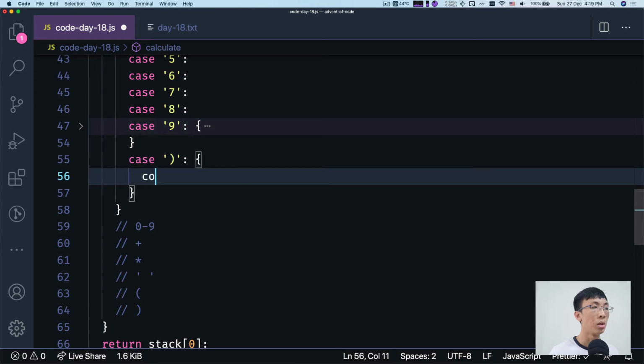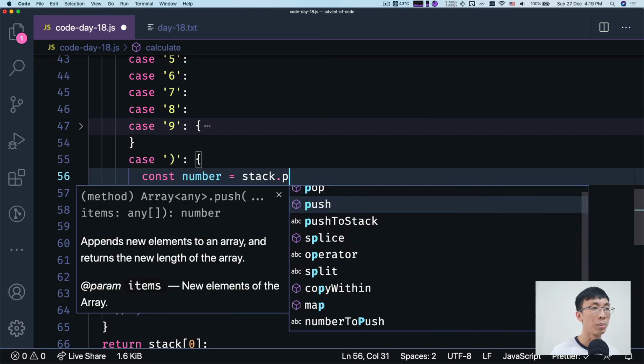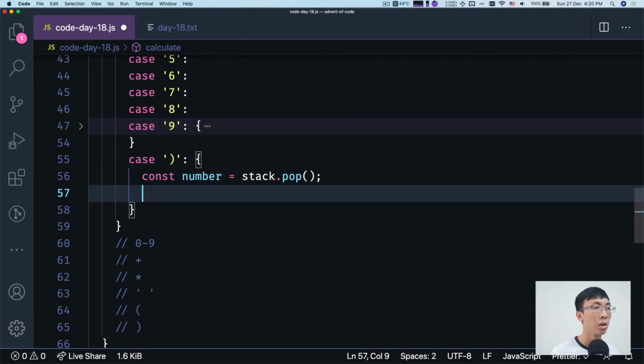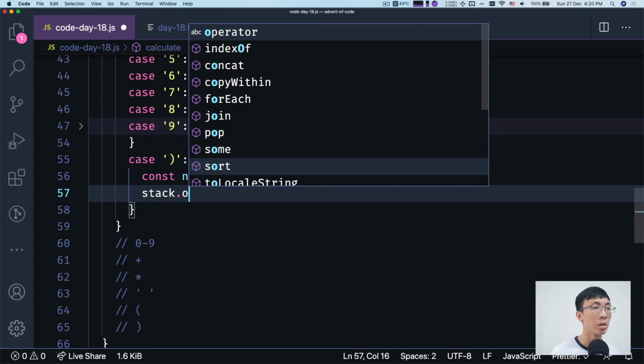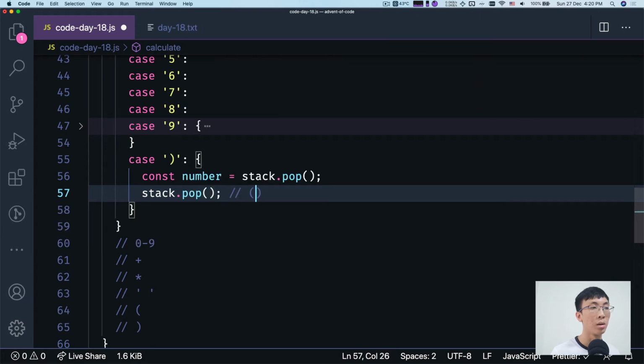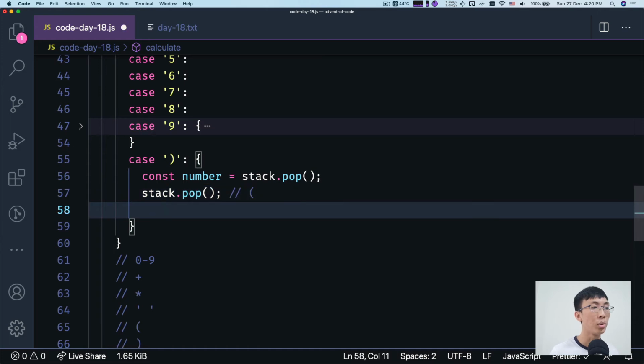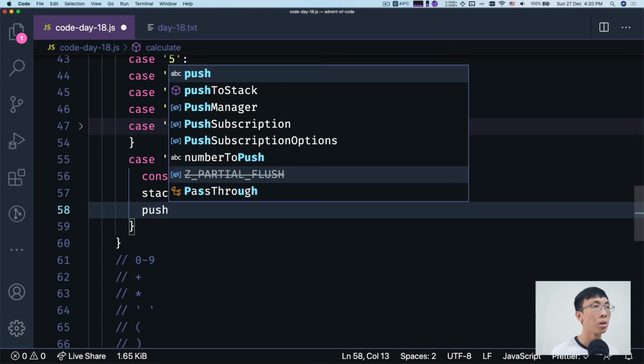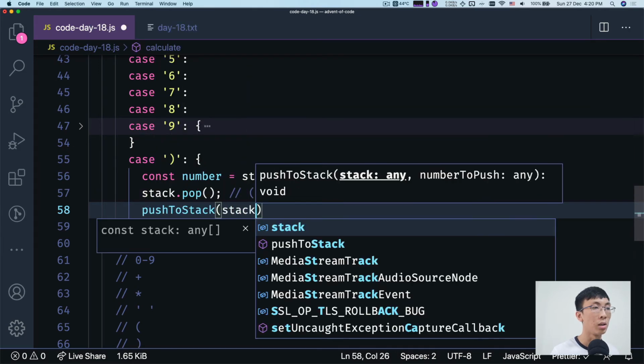Right. So number equals to stack.pop, and then we pop out the opening bracket, which we'll throw away, discard, and then we push back in. So push to stack and the number.